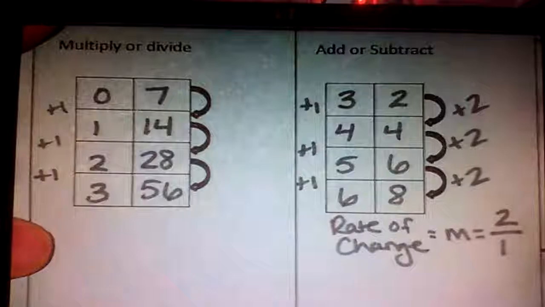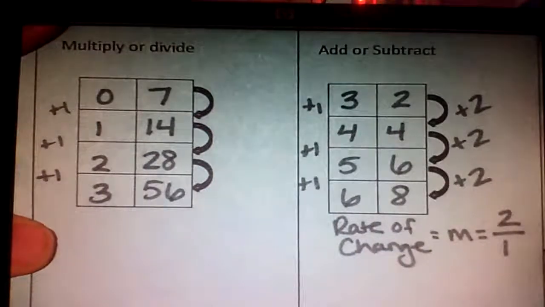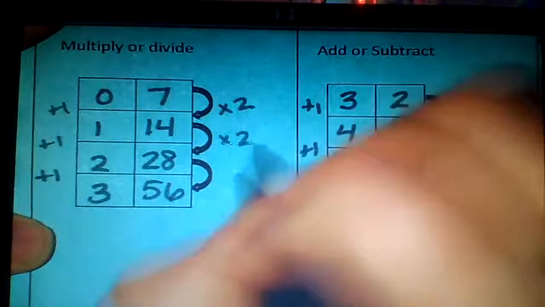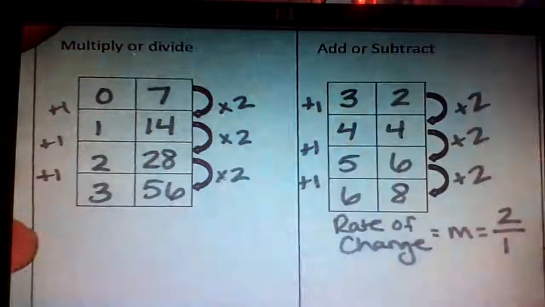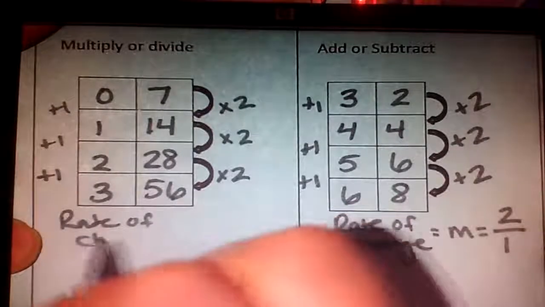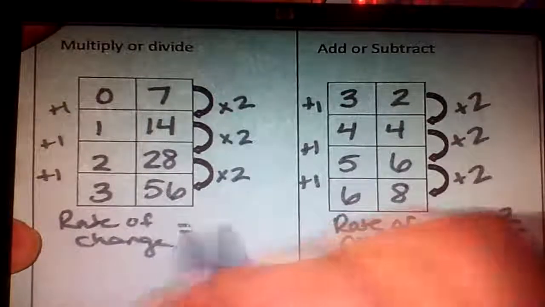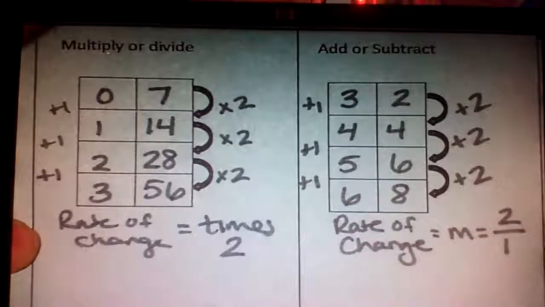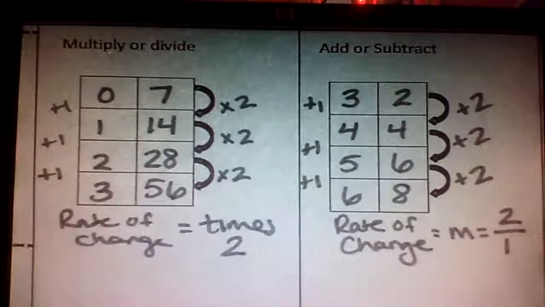This needs to be multiplied or divided. So what's my pattern along my y's? Times 2. So my rate of change is to multiply by 2.